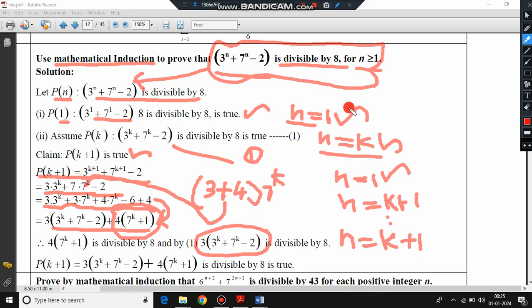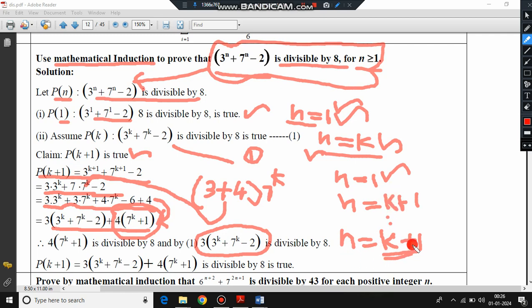In any mathematical induction problem, first we have to prove that for n equal to 1 it is true, and afterwards we assume that for n equal to k it is true, and from that assumption we try to prove that for n equal to k plus 1 it is also true. Therefore for n equal to 1 it's true, and for k greater than or equal to 1 it is true.